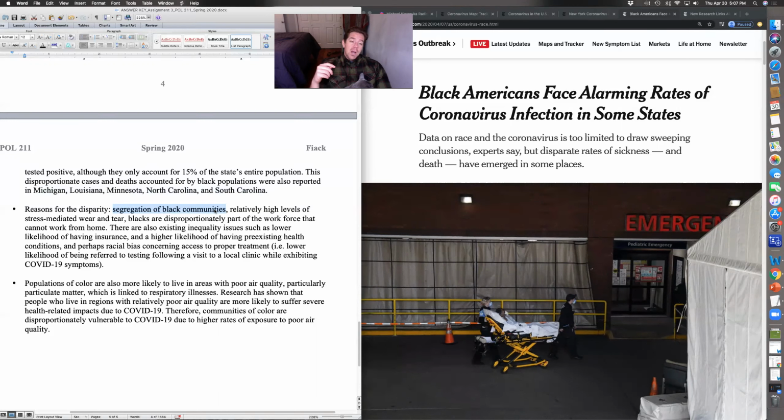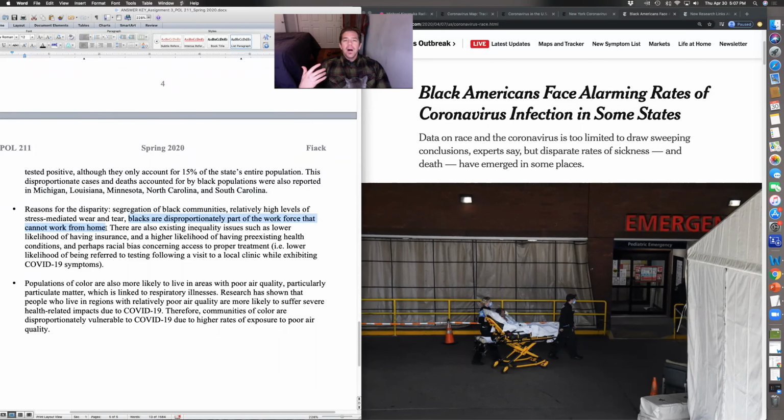And so what this means is that we have this segregation of communities where Black populations in a city or area tend to live amongst each other more so than mixed, right? And so we take this with, I'm going to go to the third point here, that Blacks also, statistically speaking, disproportionately work in fields that really don't accommodate the opportunity to work from home, right?